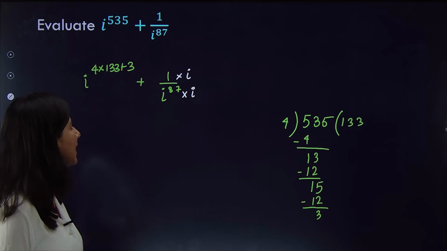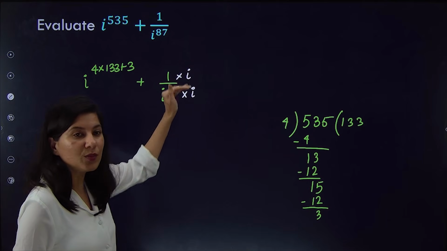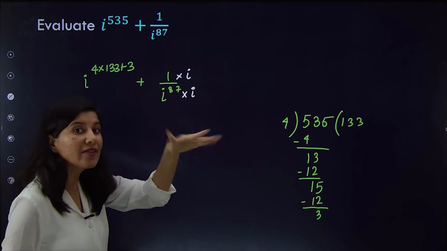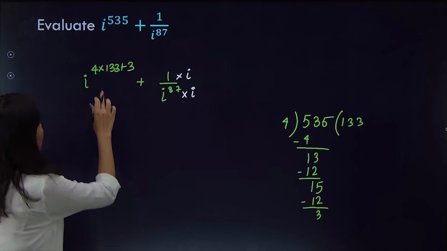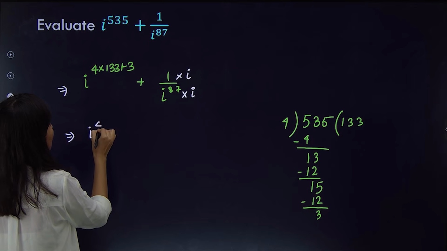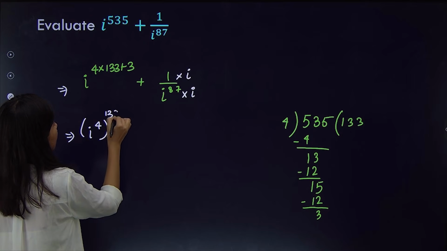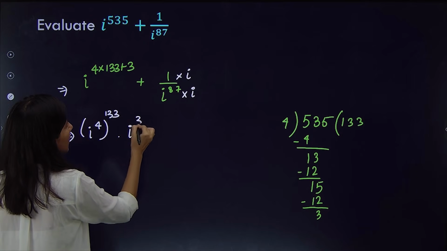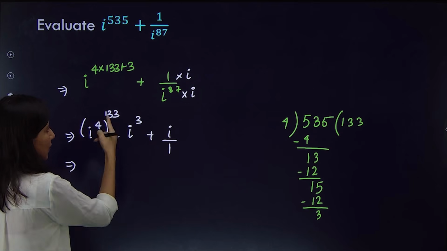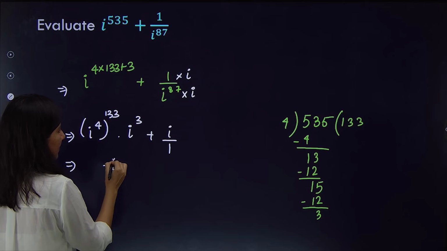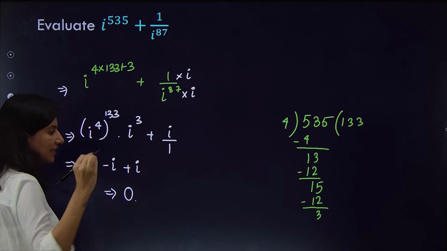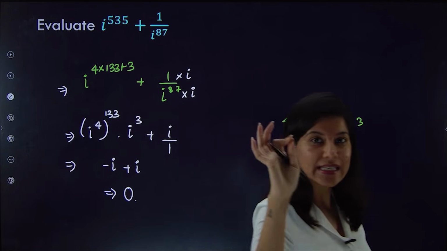But I feel that if I multiply iota in numerator and denominator, this will become iota power 88. So this denominator will go, it will become 1, right? And what about this? This is actually iota power 4 to the 133 times iota cube, plus iota by 1, correct? This is 1, this is iota cube, which is minus iota, this is plus iota. So finally this question has a clear-cut answer, which is 0.